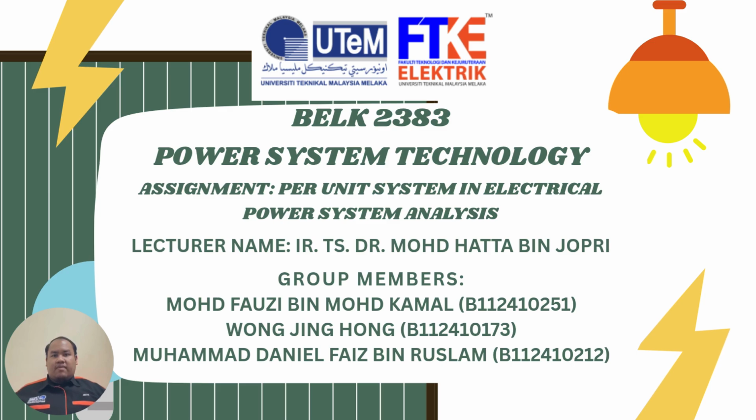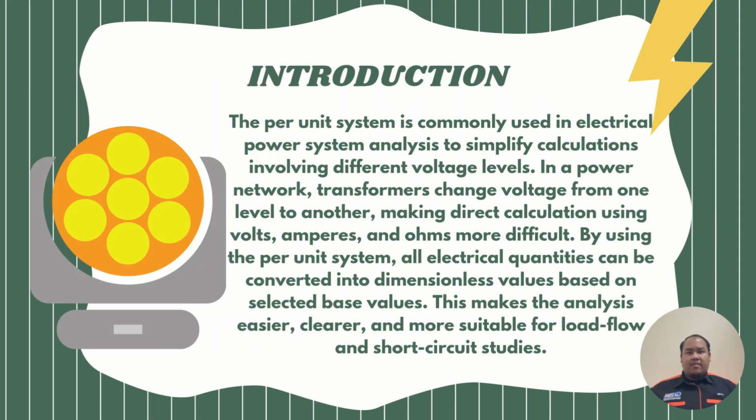In this presentation, we will explain how the per unit system is used to analyze a three-phase power network with different voltage levels. First, the per unit system is commonly used in electrical power system analysis because it helps simplify calculation. In a real power system, the network may have different voltage levels due to the use of transformers.